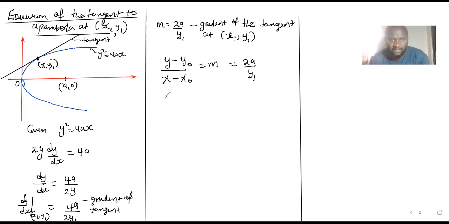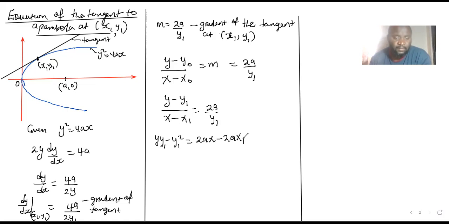So we shall have (y minus y1) out of (x minus x1) equal to 2a out of y1. With this, you can make y the subject by simplifying. You realize y1y minus y1 squared is equal to 2ax minus 2ax1.